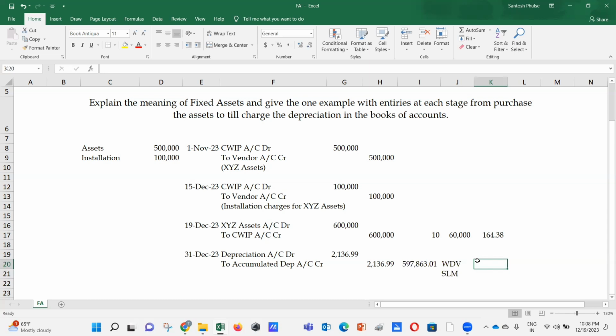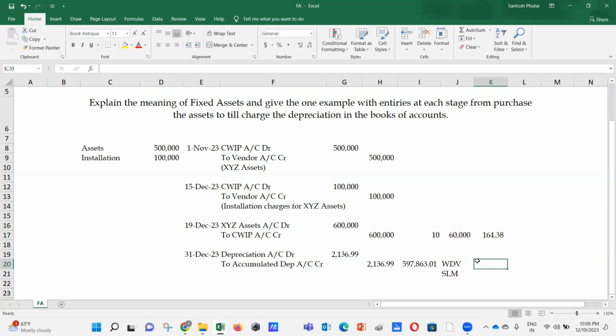Yes, in the system itself. From the system, when we pull the fixed asset report, in that report itself we are able to know each and every asset-wise detail: how much is the charge, how much is the gross block, how much is the depreciation charged till date, and what's the WDV value.